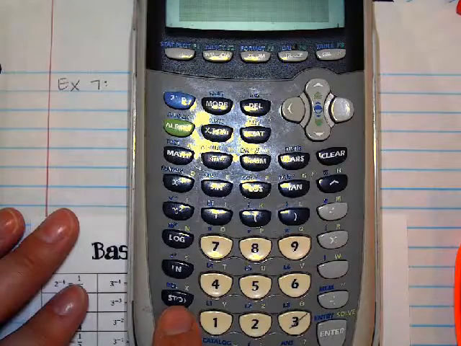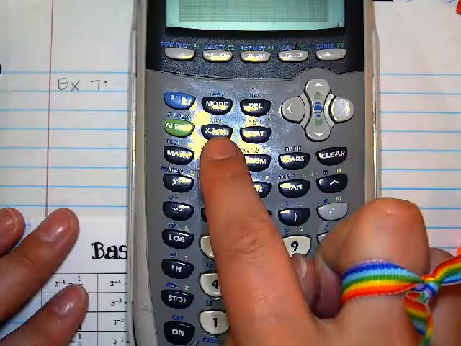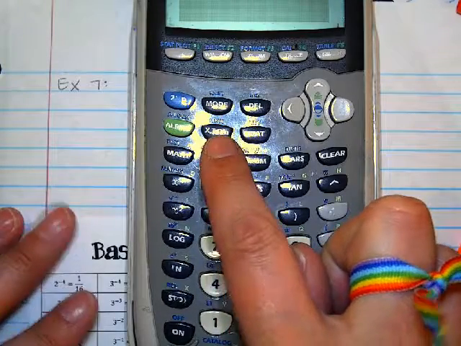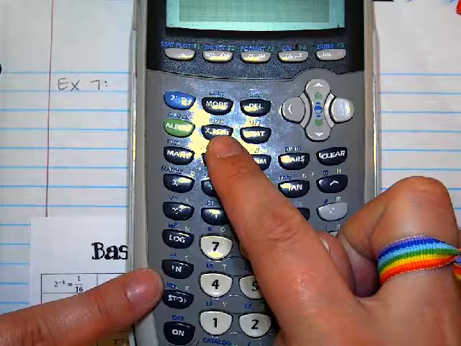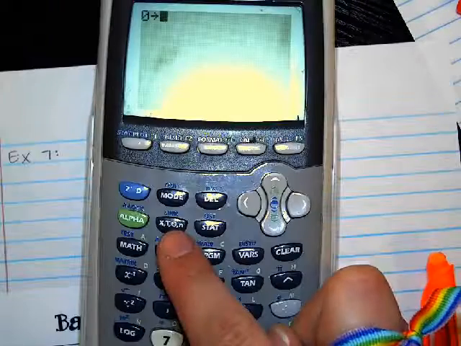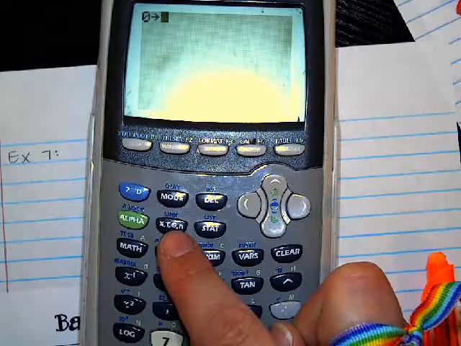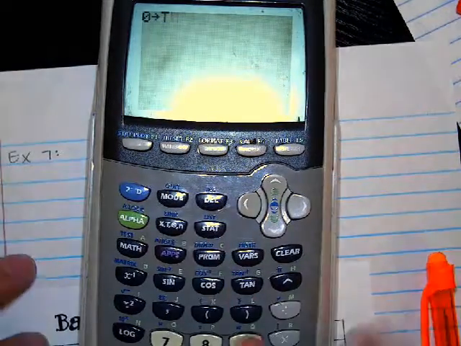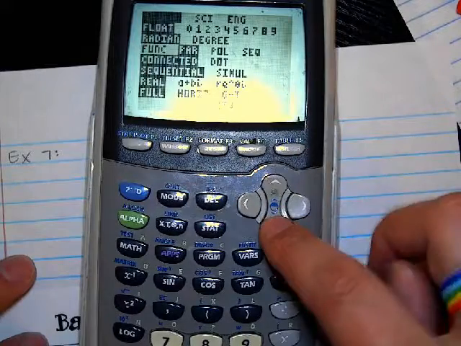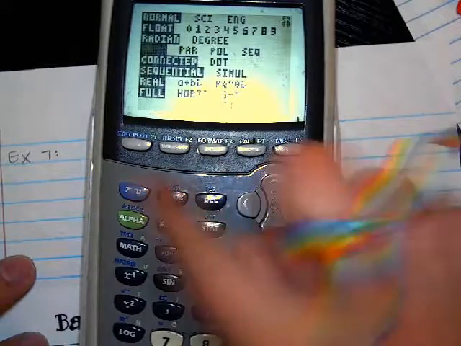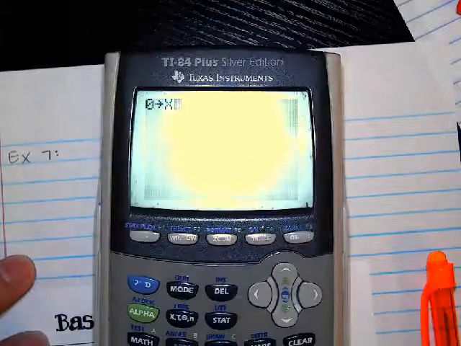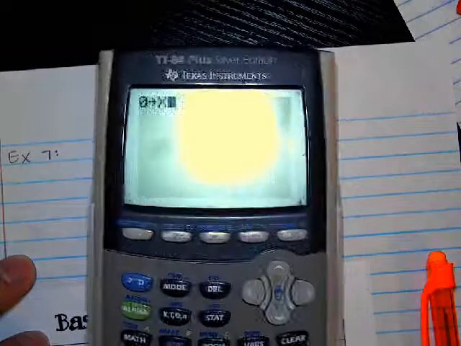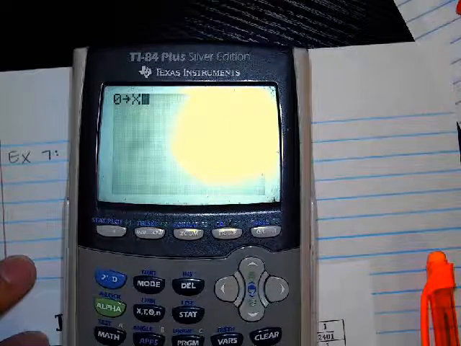So STO, I'm going to store that as x. You can use it up here, or you can do alpha STO. Oh, I just had 0. So 0 STO, I'm going to store it as x. I forgot I was in a different mode. Okay, hold on, let me go back. 0 stored as x, so it looks like that. 0 stored as x. Everyone see that?